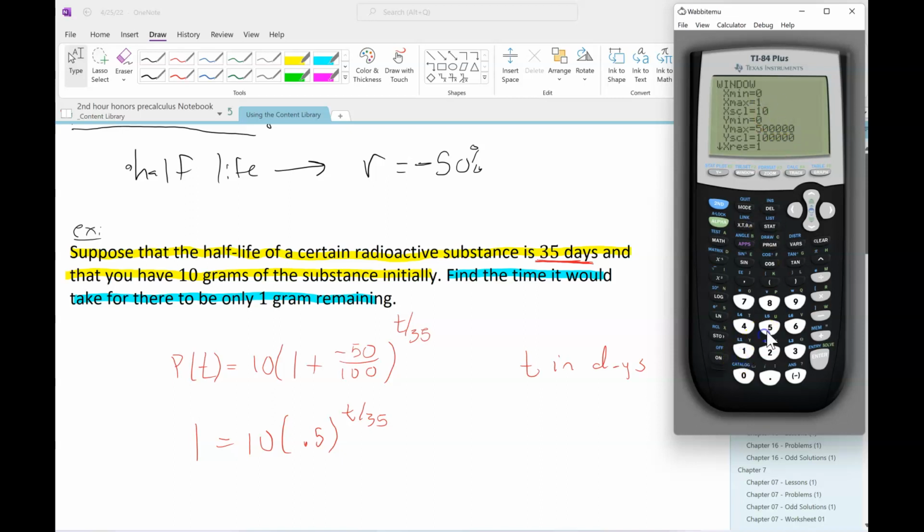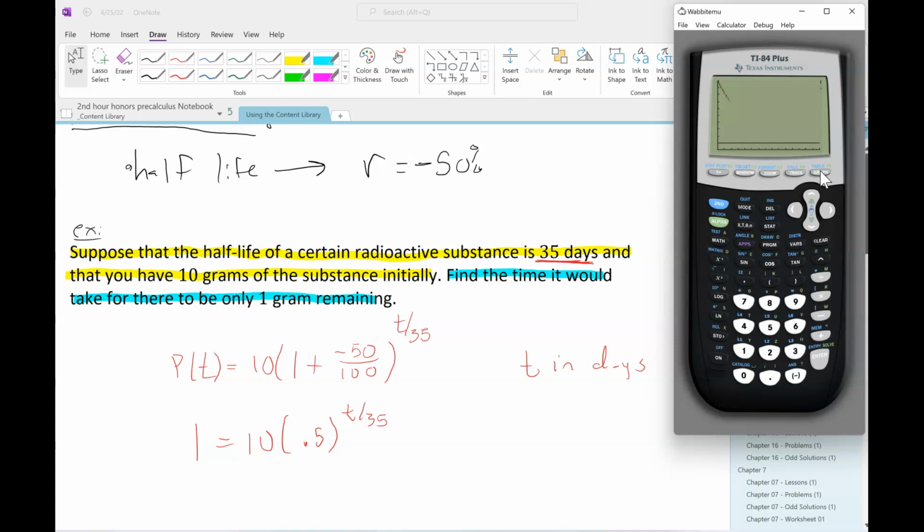So 150 should be plenty. And then 0 is going to be the minimum. Since it's a decay, the least amount of stuff you can ever have left is nothing. And then we start at 10, so let's just start at 10. You know what I mean, guys?